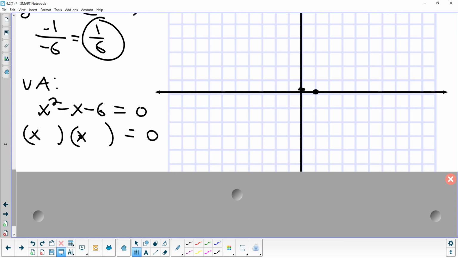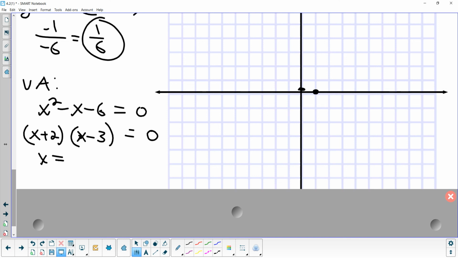What are my signs going to be here? Positive, negative. Yep, we're going to need a positive and a negative, and two numbers that multiply to give me 6. 2 and 3. Let's try them in that order. x squared minus 3x plus 2x minus 3 plus 2 is minus 1. Perfect.